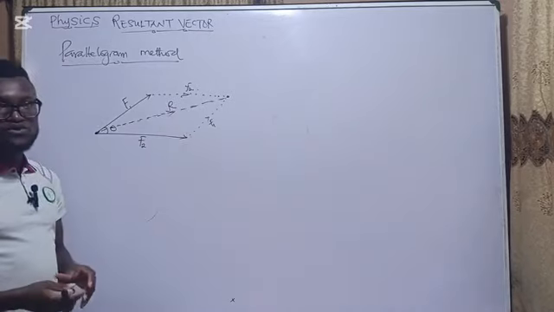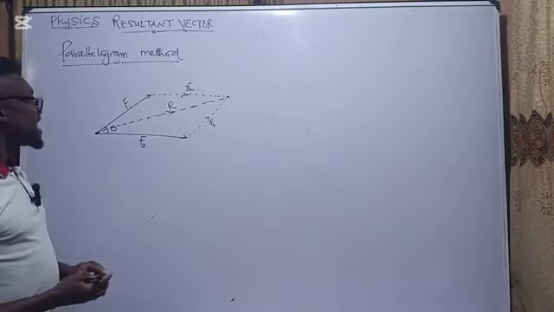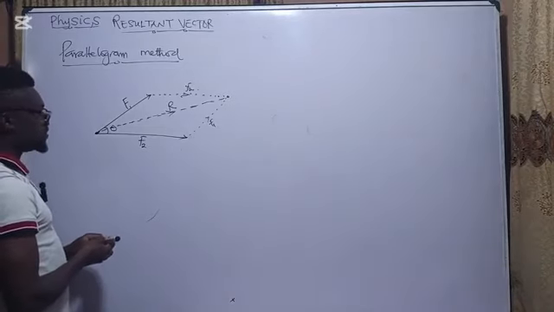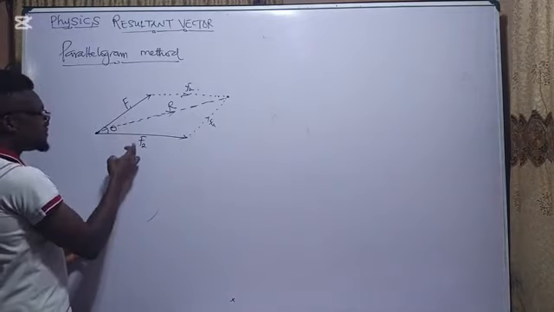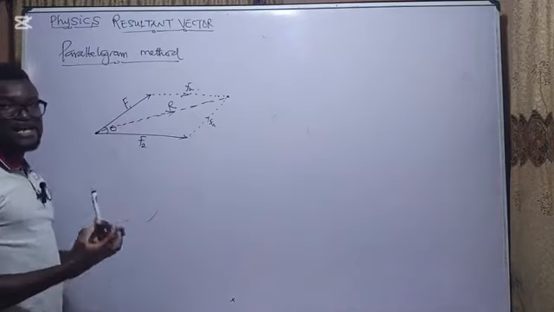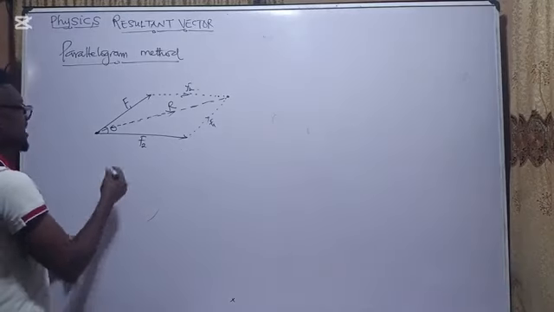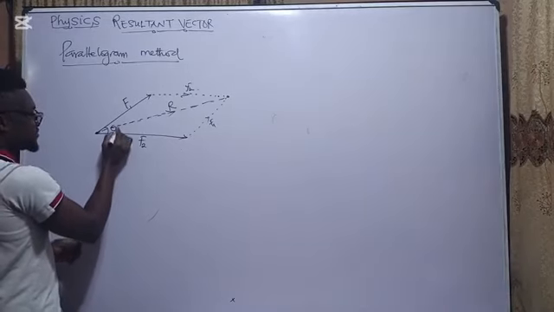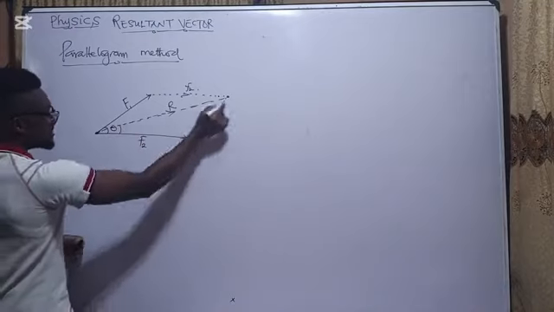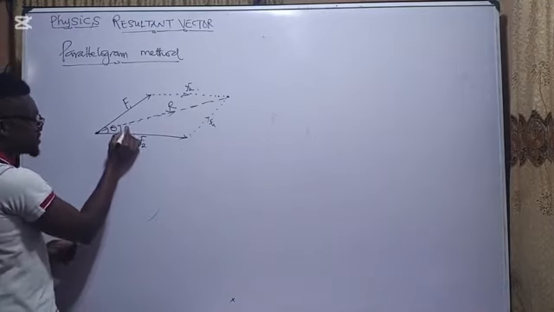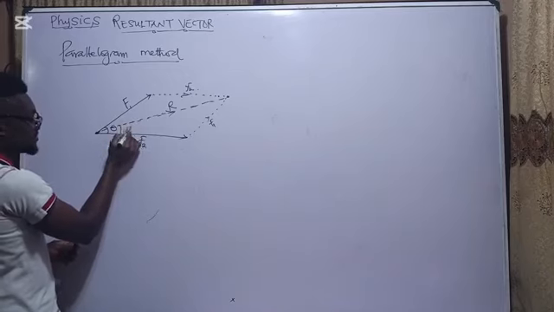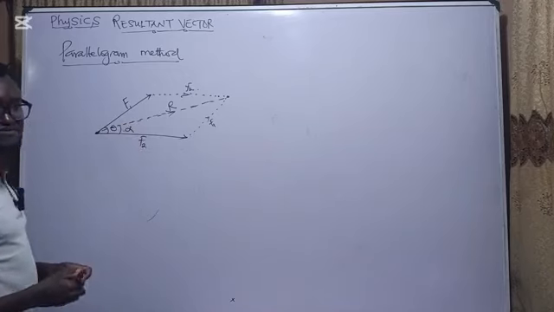The resultant vector. And the direction of it could be obtained based on the force that is greater in magnitude. If F2 is greater in magnitude, then the direction of this resultant will be obtained at this point we have here as the direction.